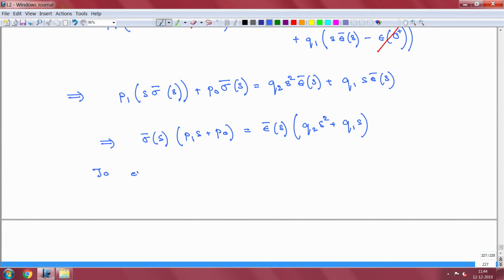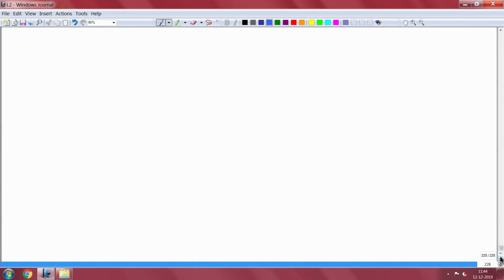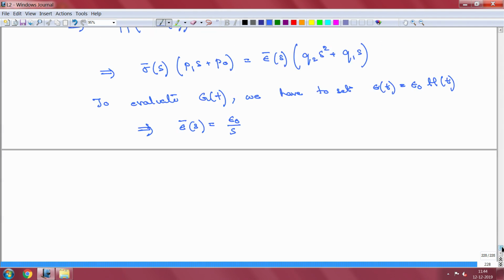If it is a step function, then we know that to evaluate G t, we have to set epsilon t as being equal to epsilon naught into the Heaviside function, which implies that epsilon bar s in that case will simply be epsilon naught by s. Okay.